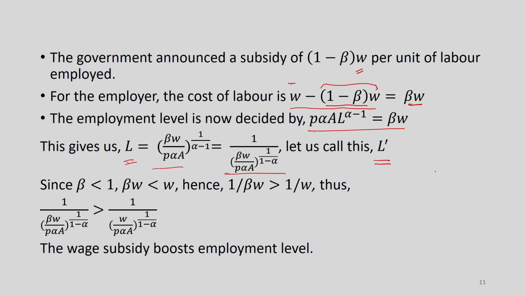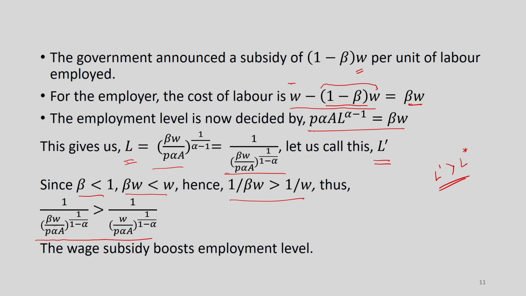Now, I am going to claim that L dashed is actually greater than L star. On what basis am I saying this? Remember, beta is less than 1, that means beta W is less than W. Hence, if I take the reciprocal, 1 divided by beta W is greater than 1 divided by W, and that helps us to conclude that this is going to be correct.